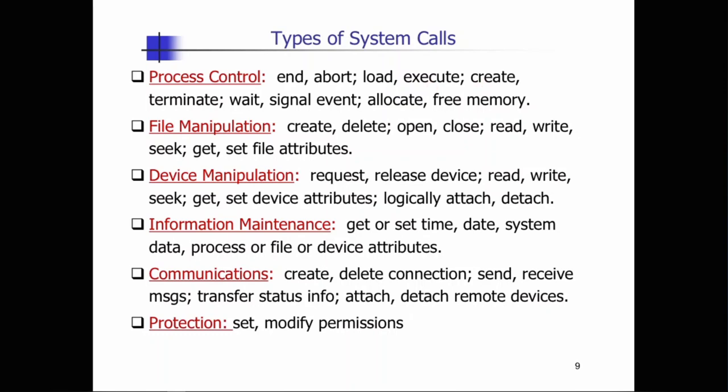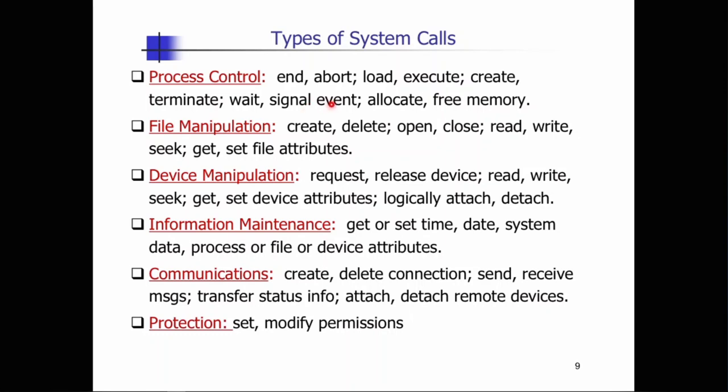We use create and terminate system calls to create and terminate a process. A process may need to wait for an event or signal an event. So those are the two system calls for that.